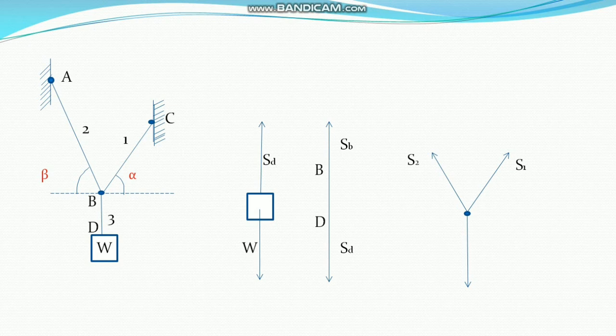Since it starts from B, you can call it SB or S3, the same one. Since SB and SD are the same, you can take it as S3. We will have more calculation later on. Now it is only about how to draw the free body diagram. So this is the free body diagram of the third point, the most important point.